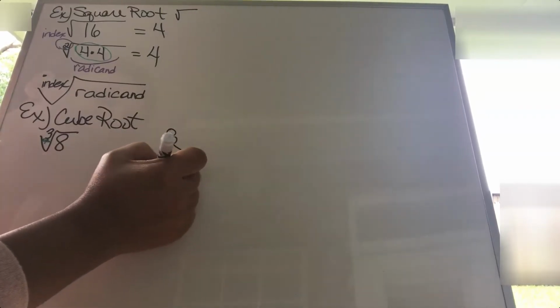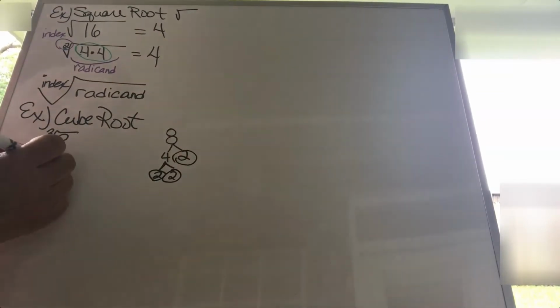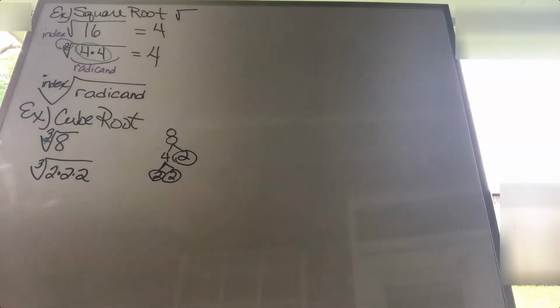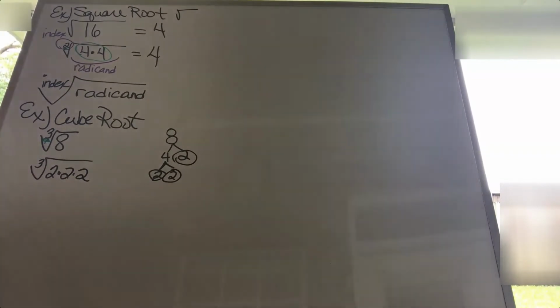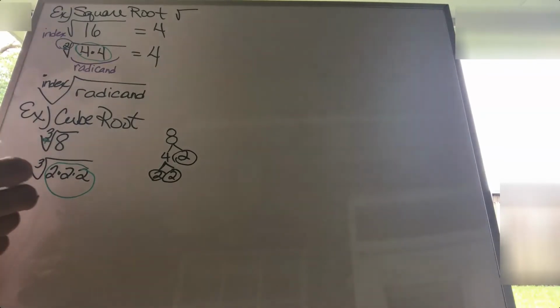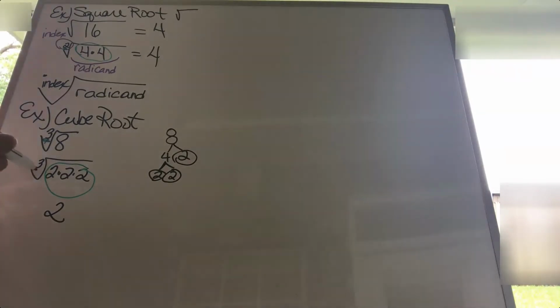So I have 1, 2, 3 2s. Now I have 3 of something. So I get to take it out one time. I have 3 2s, so I write a 2 one time. And that's the way the cube root works.